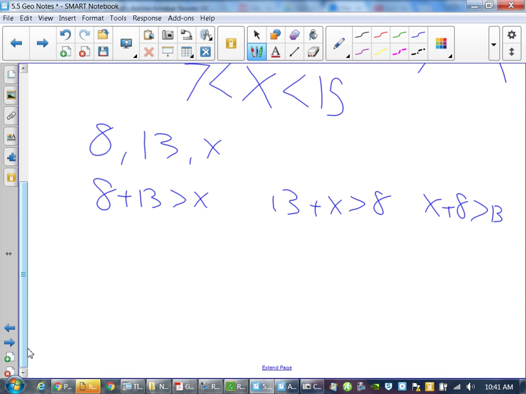And like you were saying, one of these could always wind up with either a 0 value or a negative value. So you immediately discard it. And your answers are always going to be between: x is going to be between two things. So your inequalities will always be like that. Well, what's 8 plus 13? And what's 13 minus 8?